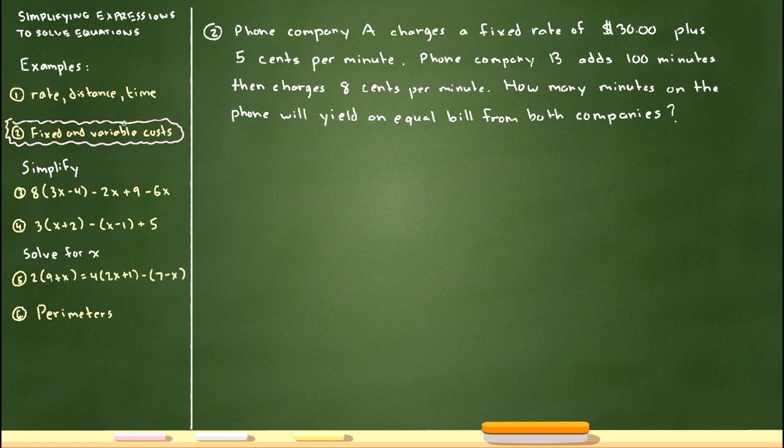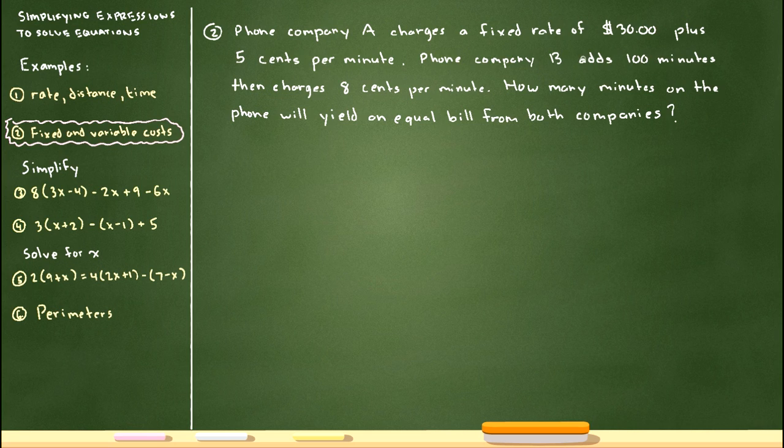I wrote down fixed and variable costs here. This is what we're dealing with in number 2. We have 2 phone companies. Phone company A charges a fixed rate of $30 plus 5 cents per minute that you're talking on the phone. Phone company B, they have a different contract.